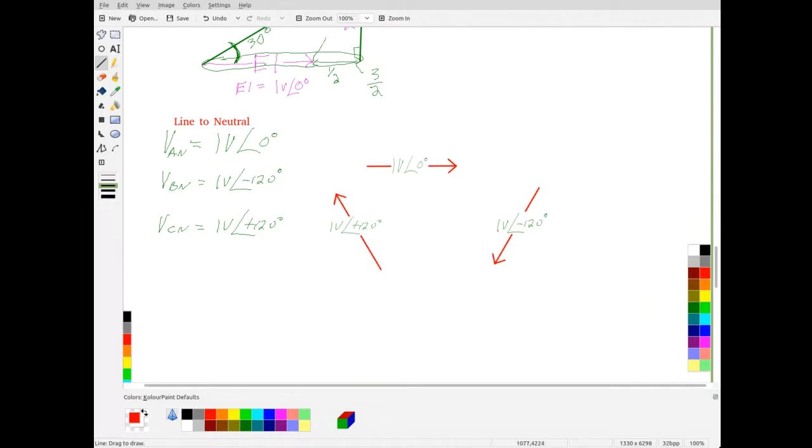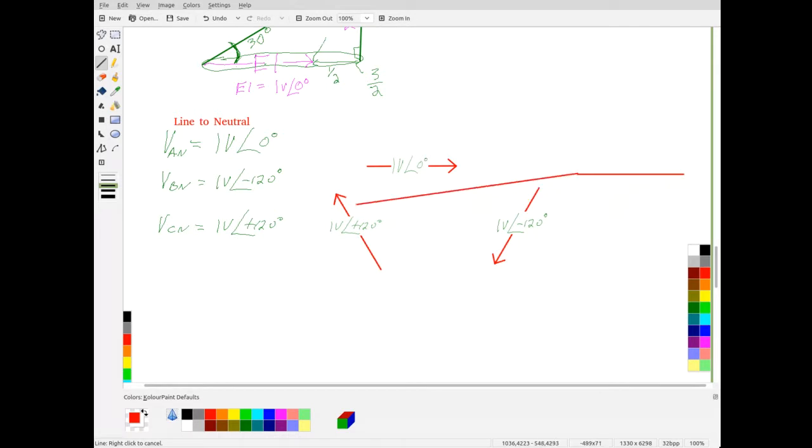Okay, so here is my thing, and then this would be a 120 degree, right? As we rotate this minus 120, where it's rotating over there, so that's minus 120 degrees.